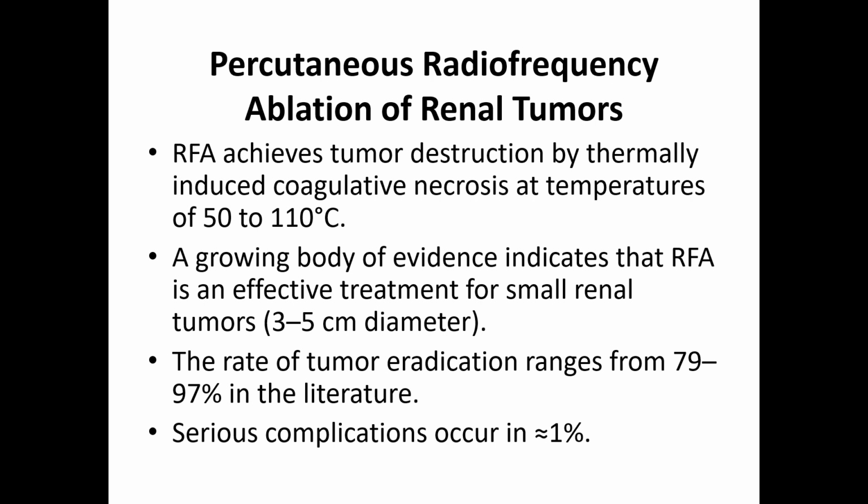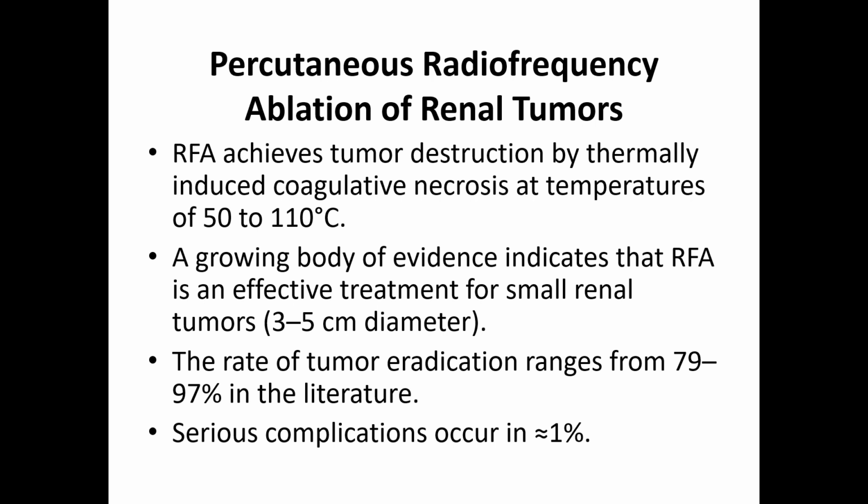A growing body of evidence indicates that this type of treatment is effective for small renal tumors, up to 3 to 5 centimeters. Although its rate is not 100%, you are going to eradicate or coagulate the tumor.